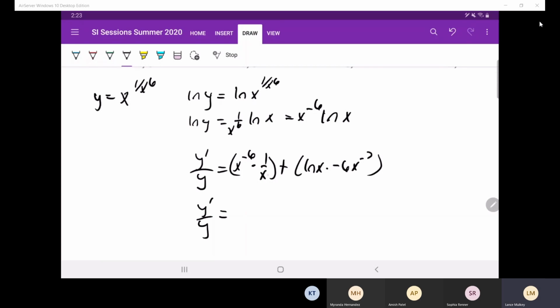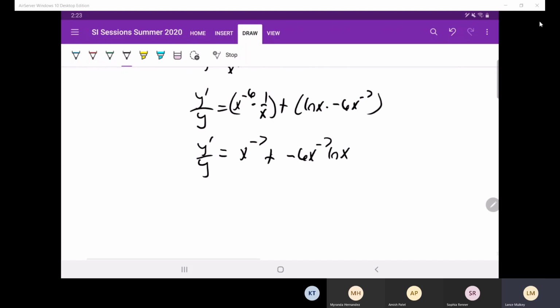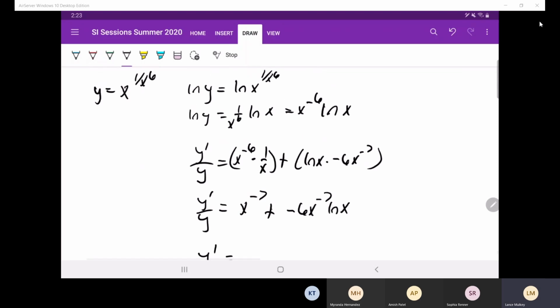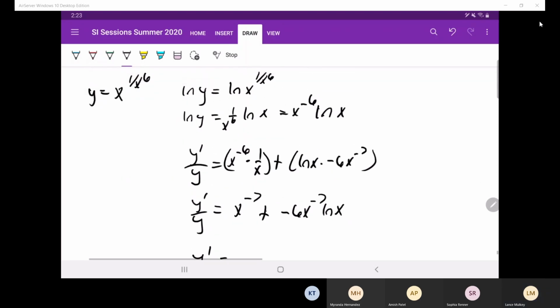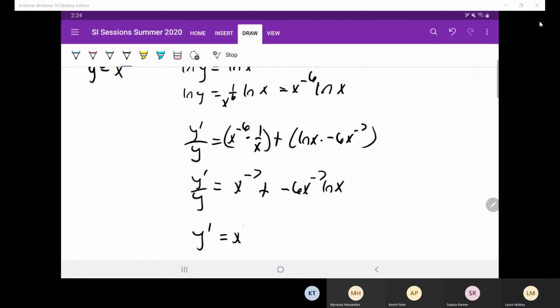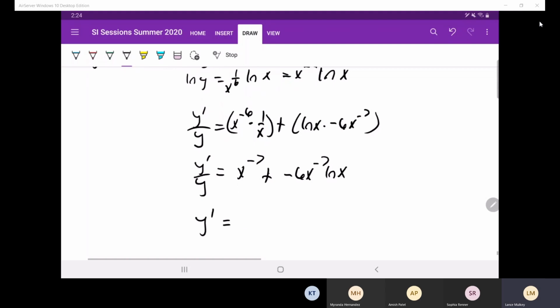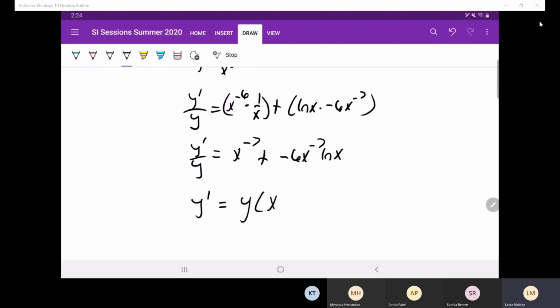So this is a negative 1, so that's x to the negative 7th plus a negative 6x to the negative 7 times natural log of x. We know what y is. No, y'all are going to get confused. Y times x to the negative 7.